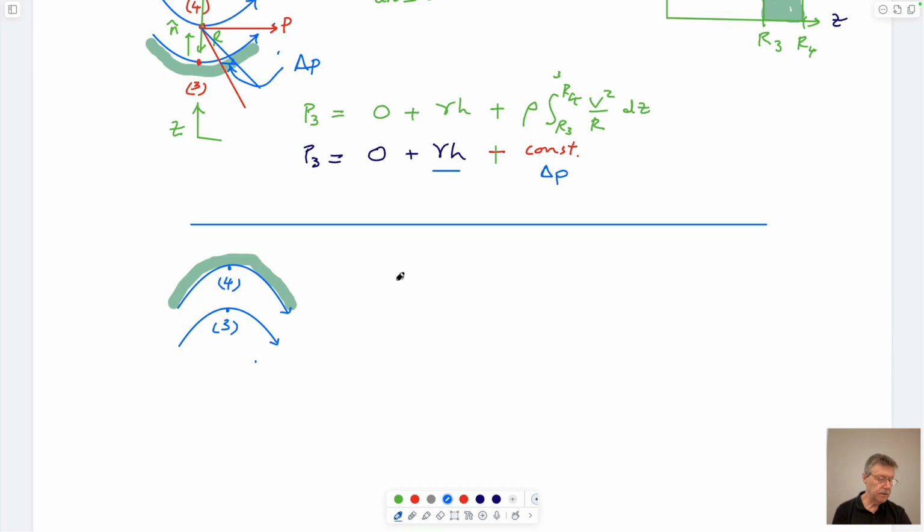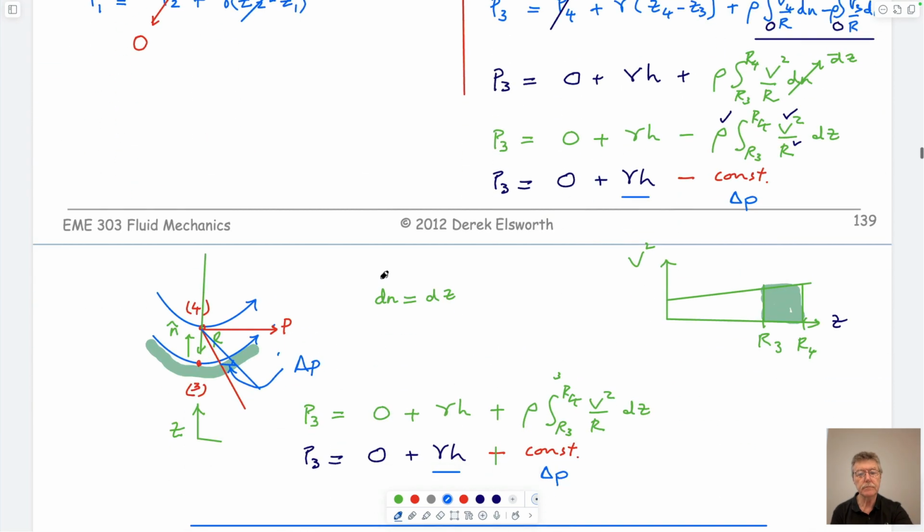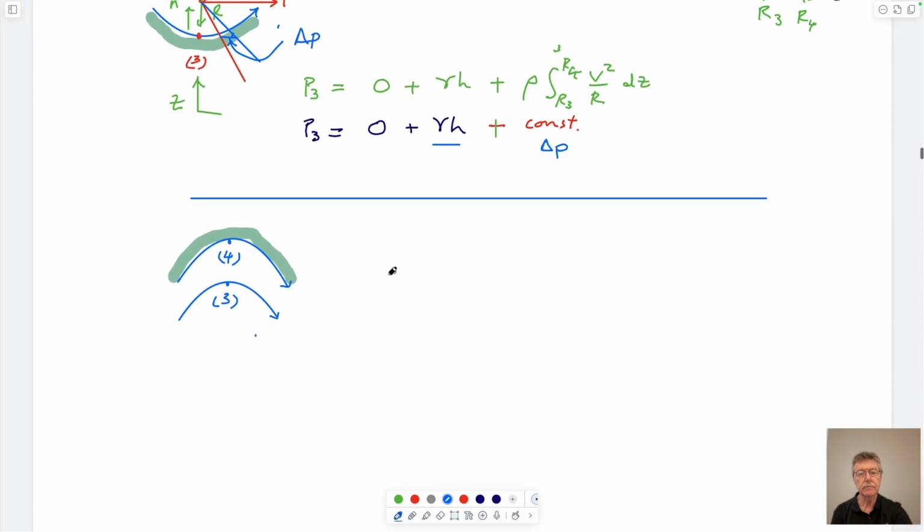And you can write it, I think, the same as before. P3 minus, yeah, okay, do this.